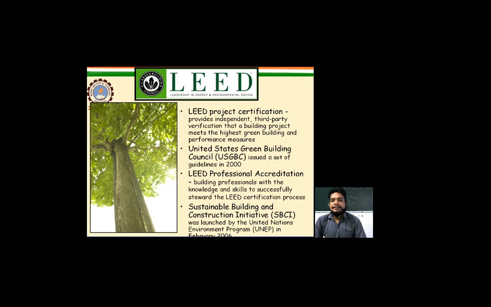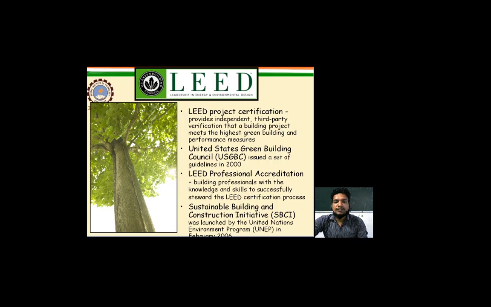LEED, Leadership in Energy and Environmental Design for Homes. So there are some points for the checklist. The LEED for Homes checklist has 8 categories. First is innovation and design, that is ID.